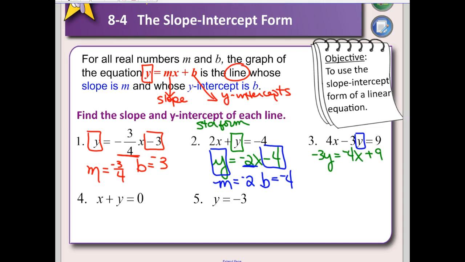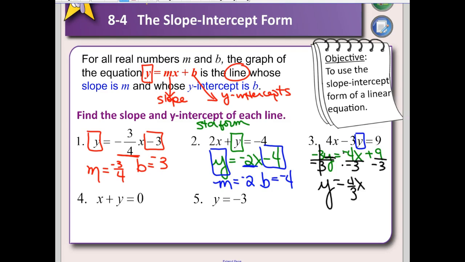Now, we've got a little bit of a different situation. Y isn't alone yet. How do I get rid of that -3? Yes, we're going to divide by -3 and they cancel. But remember, I've got to divide everything else. What I do to one, I do to all. So now we've got y equals, what's -4 divided by -3? Yes, a negative divided by a negative is a positive.